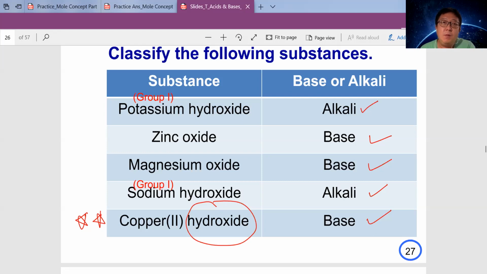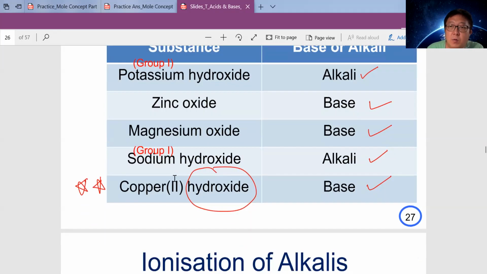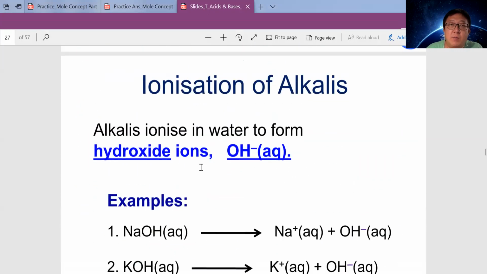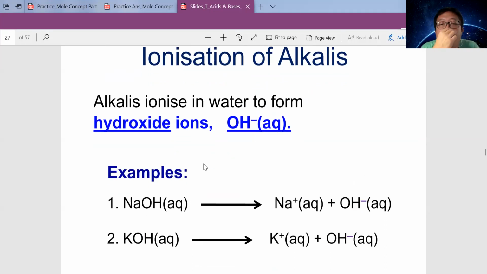Understand? Okay, let's carry on. Ionization of water to form hydroxide. Remember, just now I told you what's the name for Na plus and K plus? Spectator. We are not interested in them when we come to discussion on basicity.